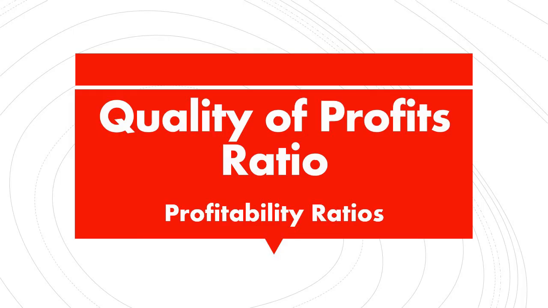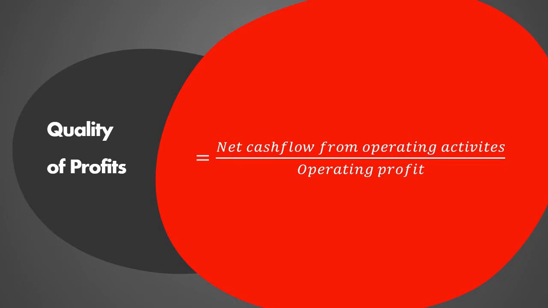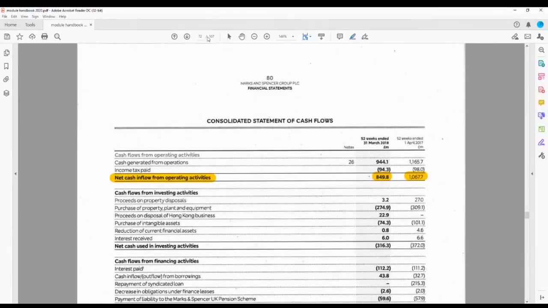Quality of profits. This ratio uses two figures. One is from statement of cash flow, which we haven't used so far, so we'll look into that. And the second figure is operating profit, which we have used already. So we need to locate only one figure, and then we can calculate this. And the figure which we are looking for is net cash inflow from operating activities.